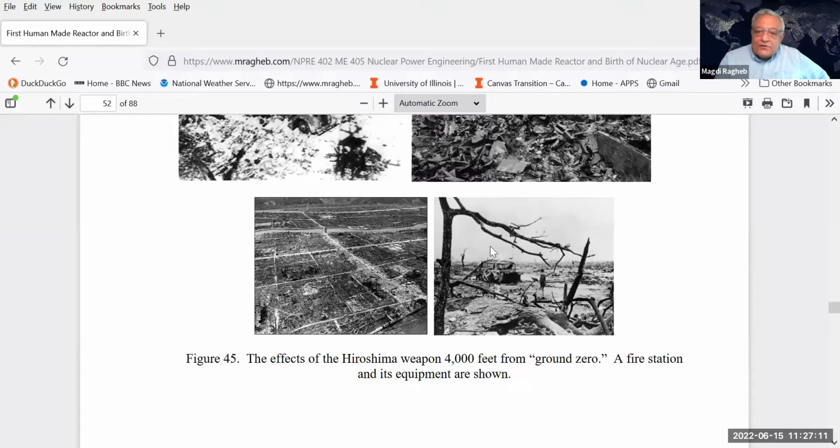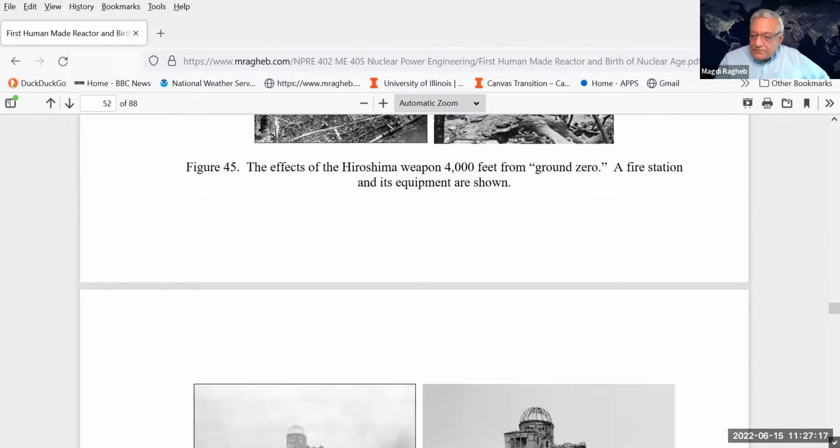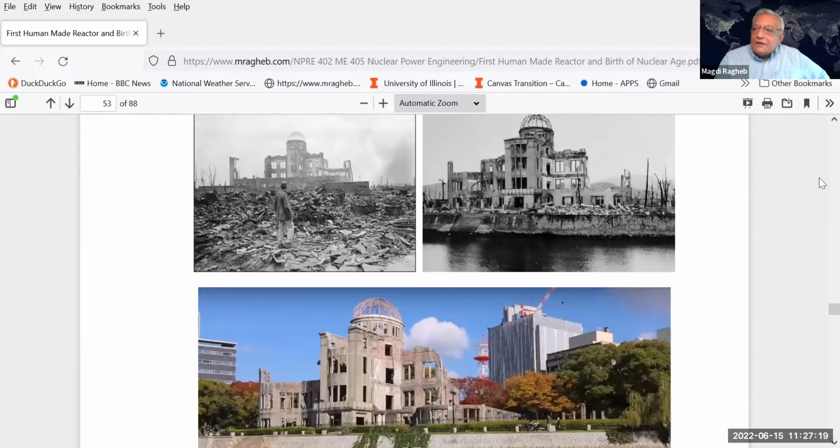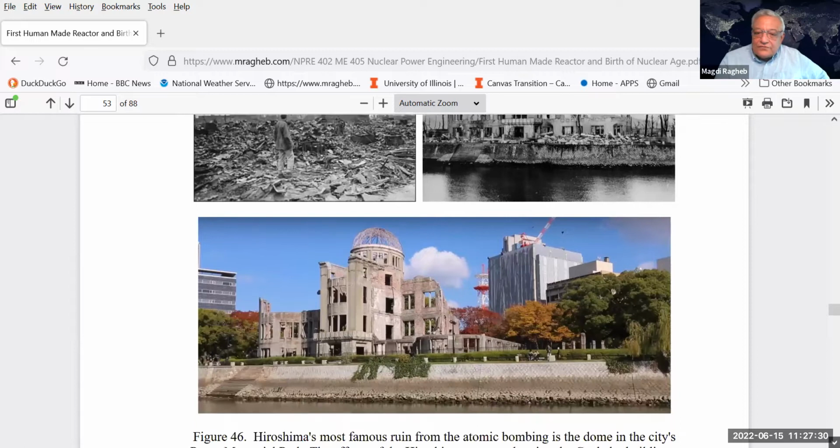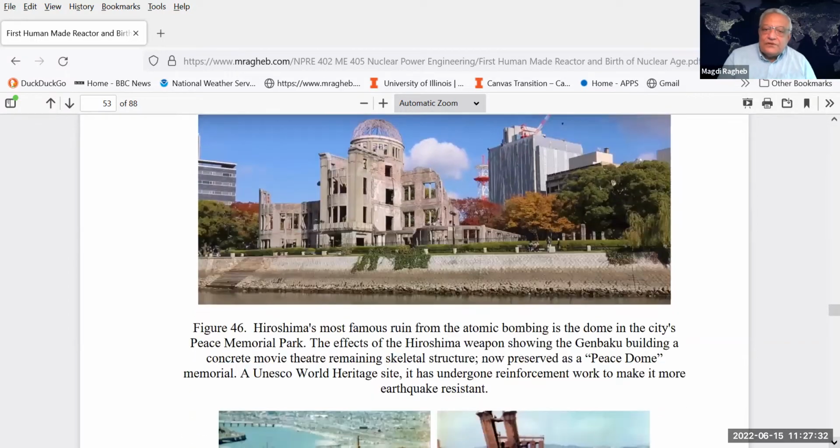The weapon was exploded 4,000 feet above ground zero and caused quite a bit of damage, as you could see. Concrete buildings were not affected as much as other structures. That particular building there, an observatory, was turned into a museum.